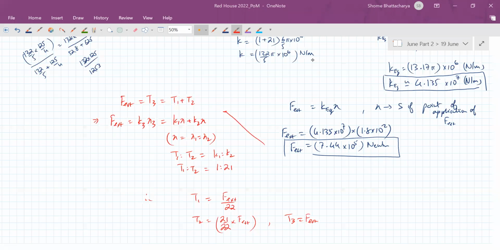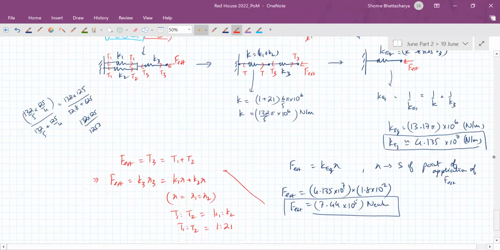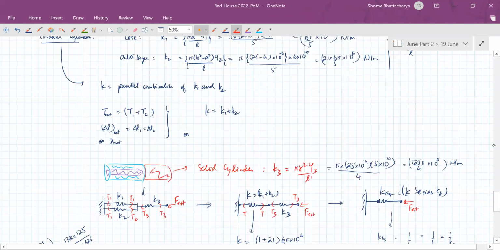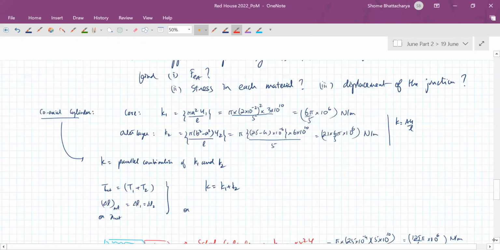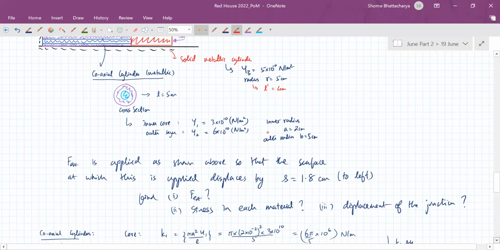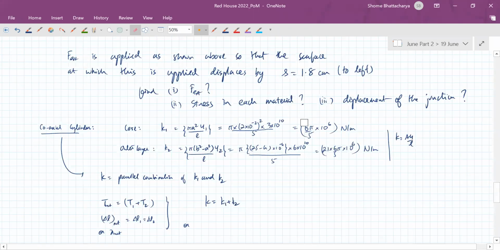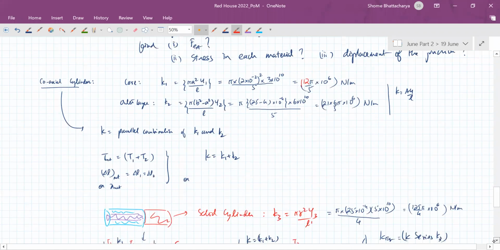Okay, I made some mistake in the value of K1, is it? Let me check. Oh, yes, it should be 12 pi. Yes. The ratio is actually 2:21.